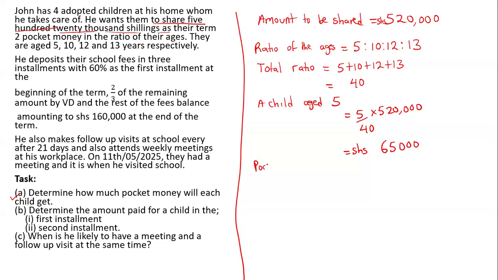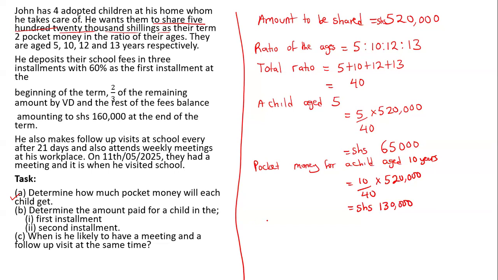Then I'll go pocket money for a child aged 10 years. So this will give us 10 out of the 40 times the 520,000. So when you do the mathematics, this will give us shillings 130,000.